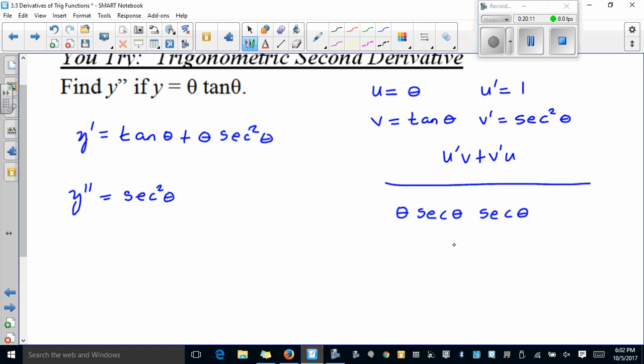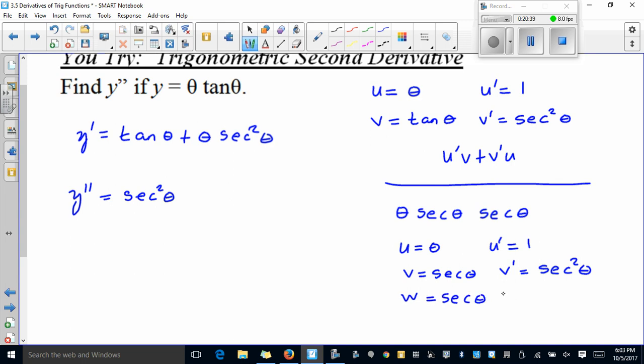So we're going to have u, v, and w. So u is going to be theta, just like we had before. So u prime is 1. V is going to be secant of theta. So v prime is secant squared. Well, guess what? W is the same as v, secant of theta.